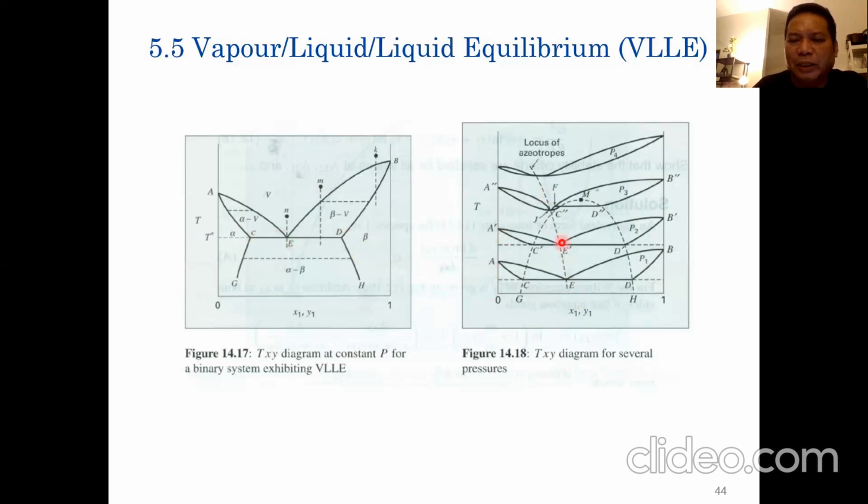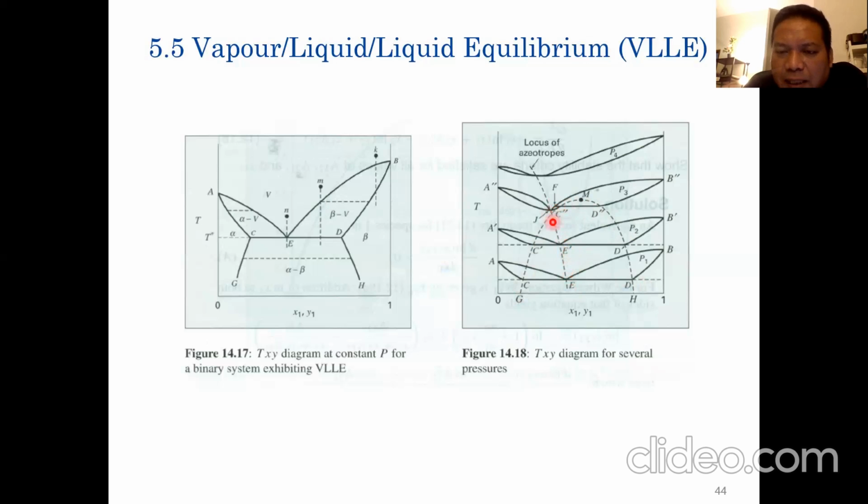This is point E until here. This point M is where the locus of C and D meet. Point M is where C and D meet, and this is the critical point. For the vapor phase, for point E here, you will move slightly to the left.